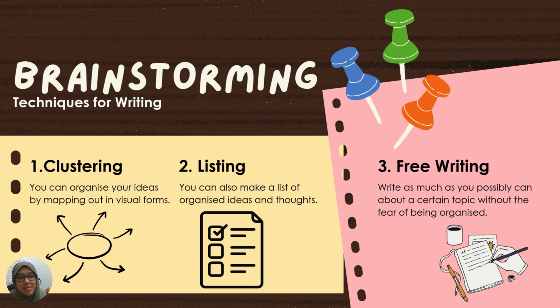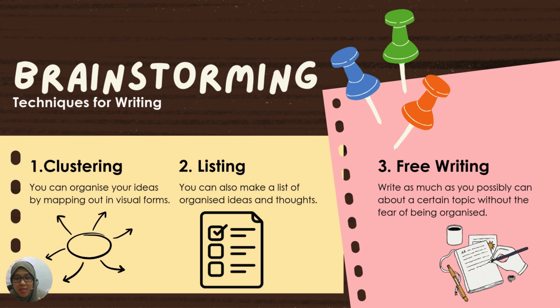Next, the second technique is listing. For those people who do not see things from mind maps, you can do listing, where you just list your thoughts in organized ideas in a list form instead of visual form like mind maps. So that's the second one. The third technique is free writing.